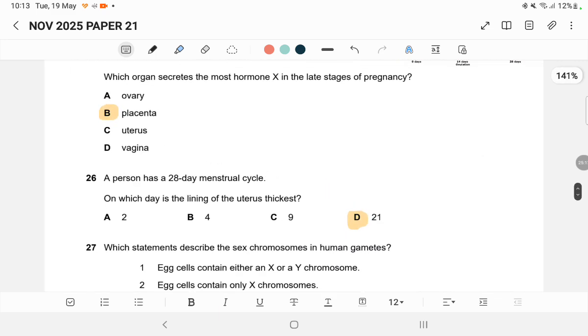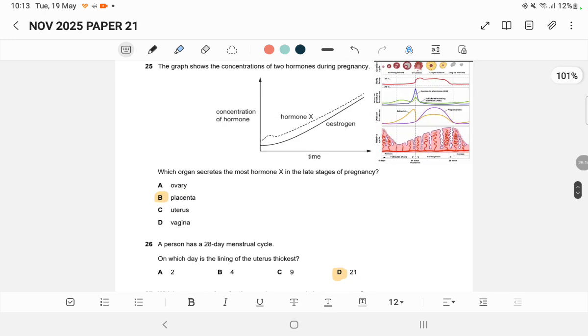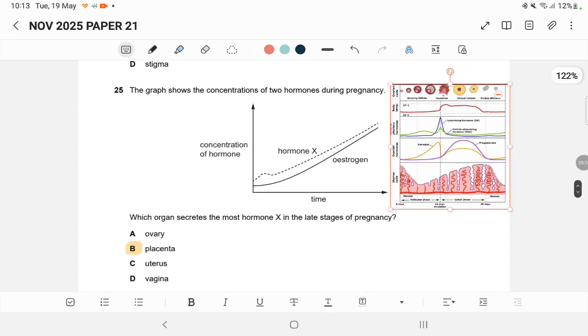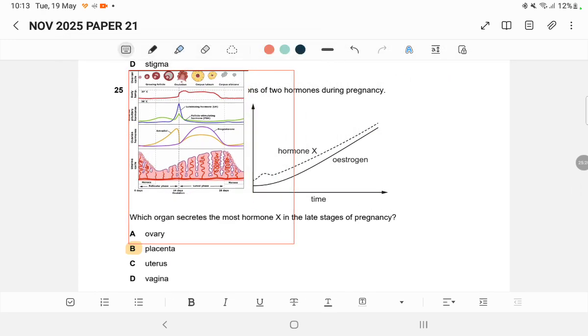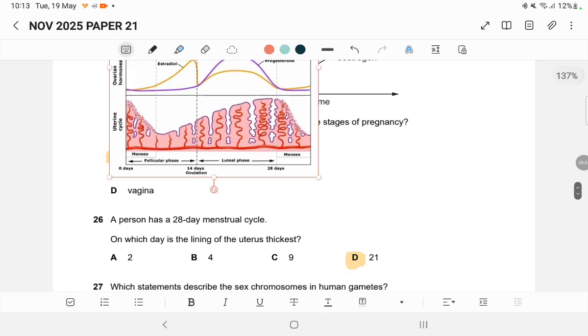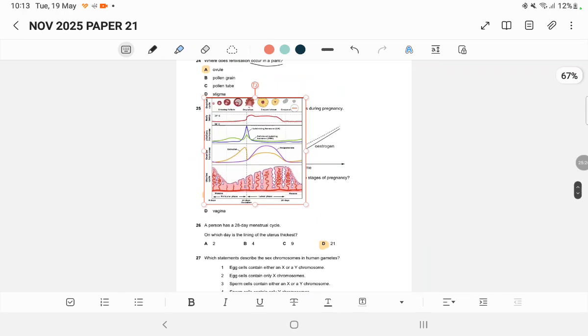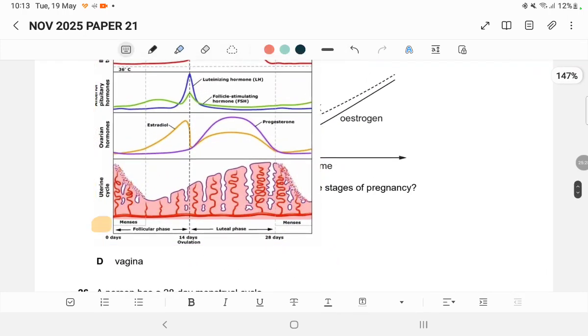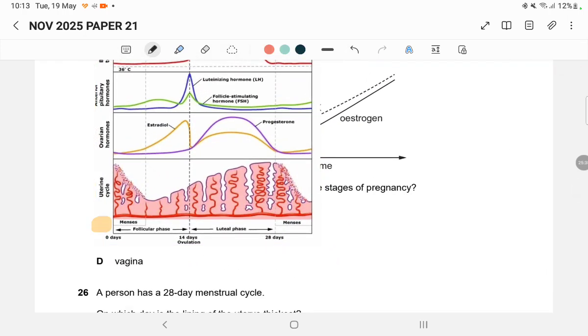Now a person has a 28-day menstrual cycle, on which day is the lining of the uterus thickest? So if I annotate here, this is 28, and let's just say this is 21.